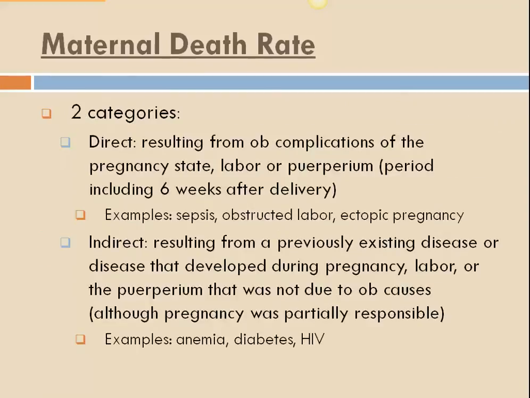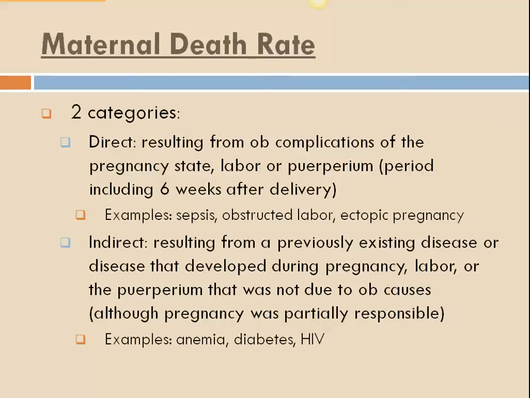Okay, just like with the fetal death rate, maternal deaths are broken down into two different categories, either direct or indirect. So a maternal death that is direct would be one that results from obstetric or OB complications of the pregnancy state, labor, or puerperium, which is the period including the 6 weeks after delivery.